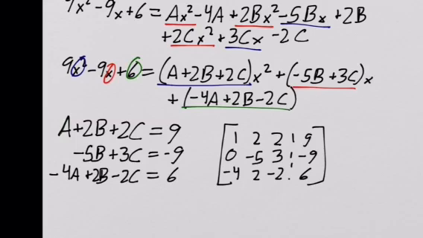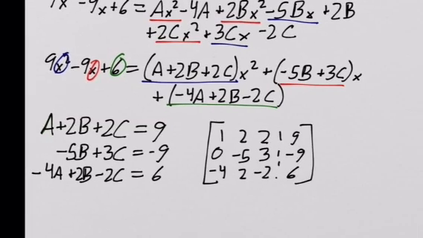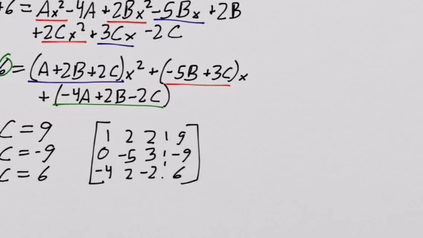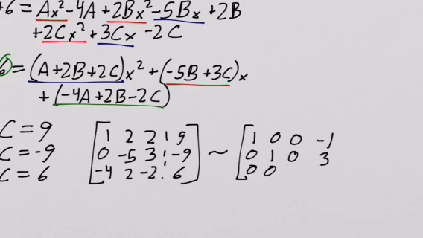And I end up getting the row equivalent matrix 1, 0, 0, negative 1; 0, 1, 0, 3; 0, 0, 1, 2.